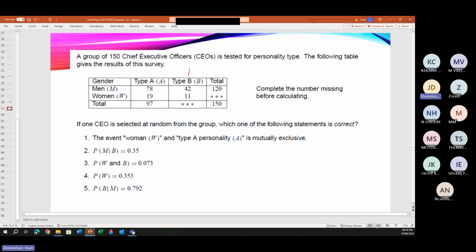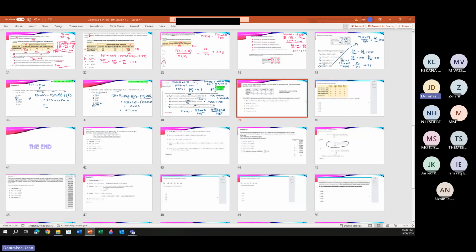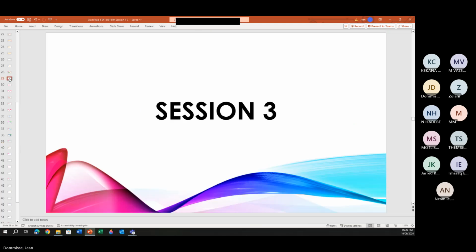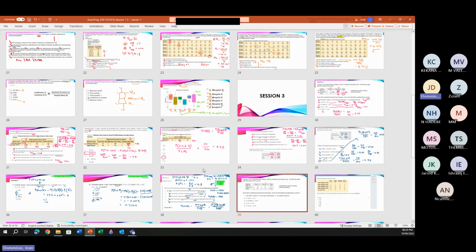I just want to quickly see how many questions are left. Okay, only two on probability, so we might just look at one or two others as well. Oh wait, this one is exactly the same. So you can see, not just in your sessions but in your different assignments, even I got these two mixed up.